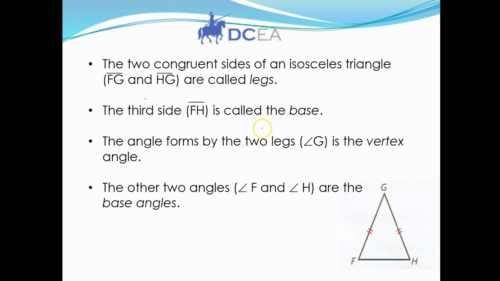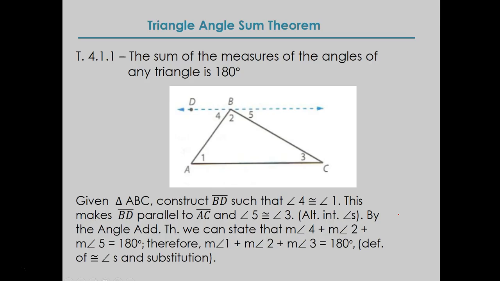The angle formed by the two legs, angle G, is its vertex angle. The other two angles, angle F and angle H, are the base angles, and we'll learn more about these later on, but the base angles are congruent to each other.